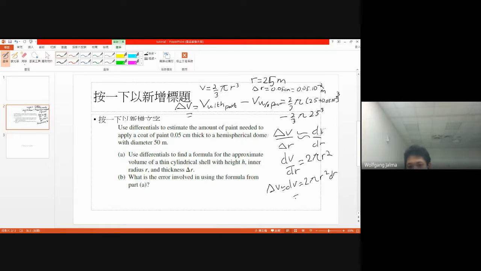And well, we just plug in. R is 25 squared. And what is dR? dR is 0.05 times 10 to the power minus 2. Well, the number is a bit better, but not so good.